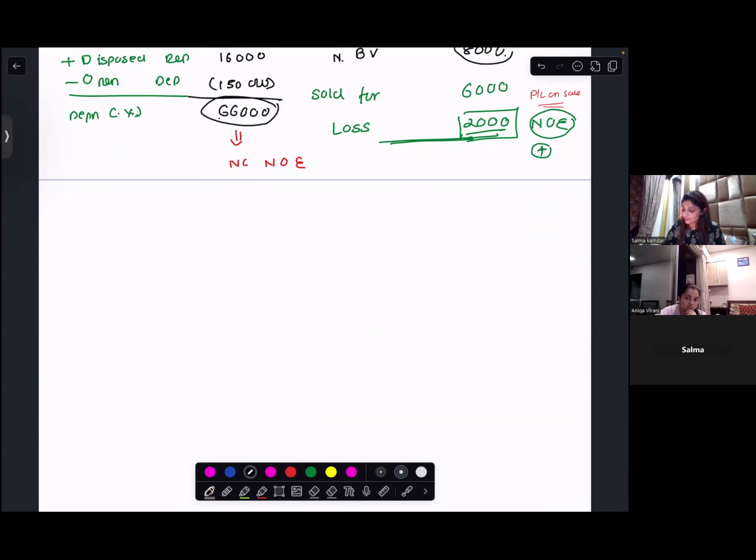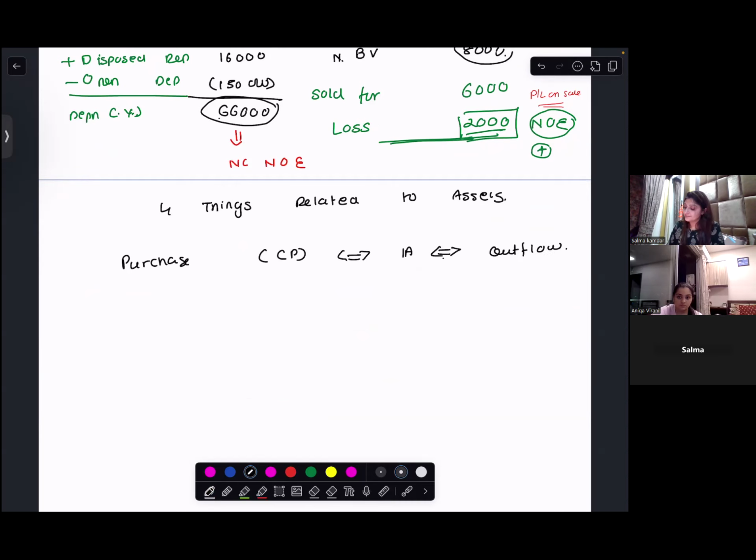So I told you four things related to assets you should always remember. Assets purchased or sold. Asset purchase at which price? Cost price. Which activity? Investing, outflow. Sold at selling price, investing, inflow.